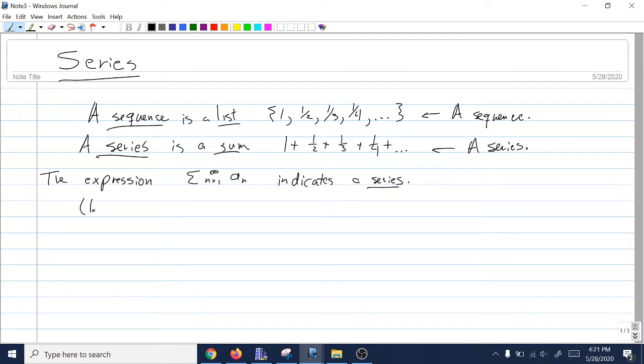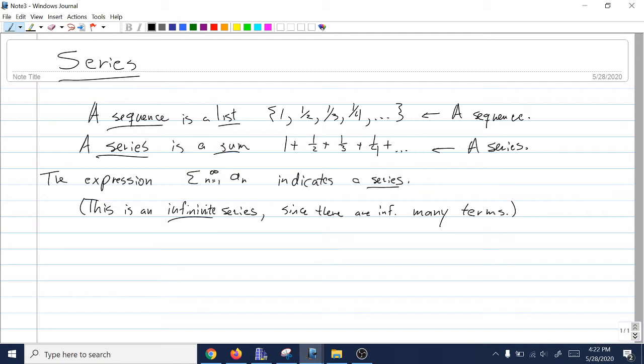This is an infinite series, because there are infinitely many terms. Not because they add up to infinity, although often they will, sometimes they won't. In real life, basically whenever someone says the word series, they mean an infinite series.